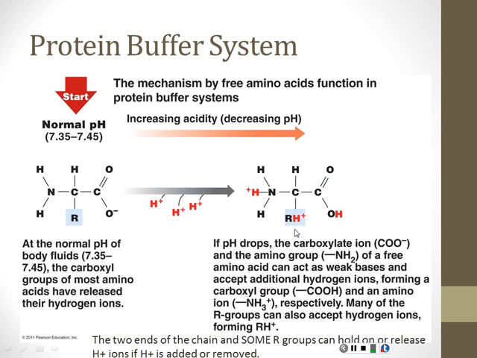And then depending on the R group, many R groups can also hold on to 1 or more than 1 hydrogen ion. So for 1 amino acid, we have buffered 3 hydrogen ions. That's a pretty impressive way to store hydrogen ions outside of solution. And if you remember, a protein is a string of 1,000 of these, thousands of amino acids in a protein.